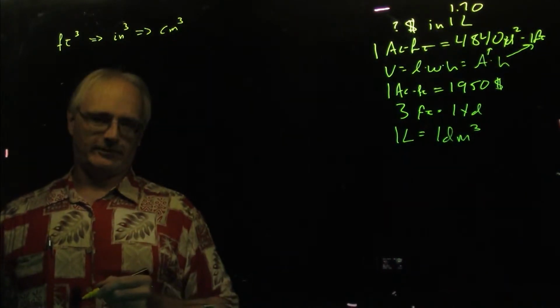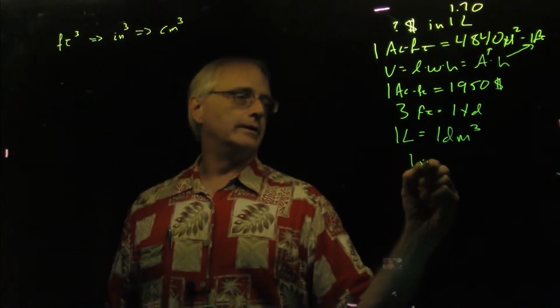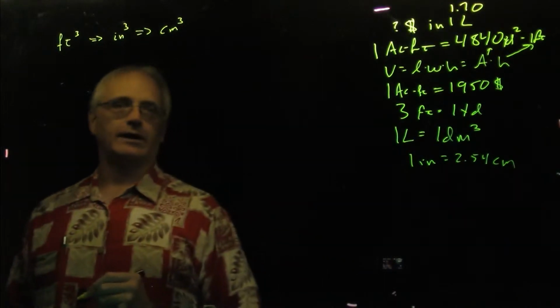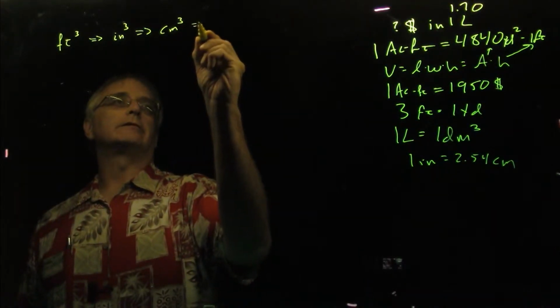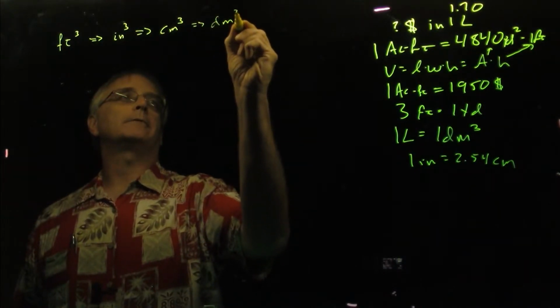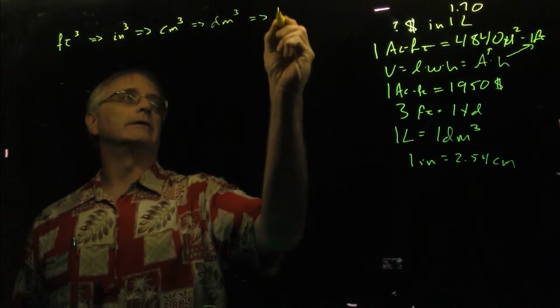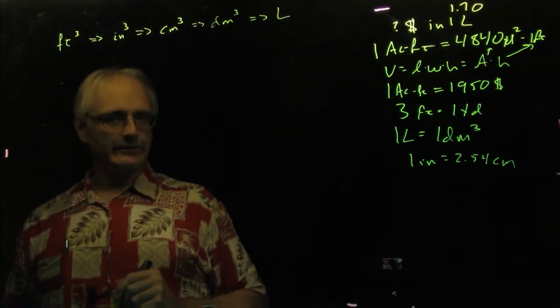There we are in the metric system finally, because this is a well-known, I'll even write that down. 1 inch is 2.54 centimeters, one of those common ones we make use of here. Once we've got centimeters, we're just one little step away from the cubic decimeters, which means, yes, we have arrived at liters. So we're going to turn 1 acre foot into liters.